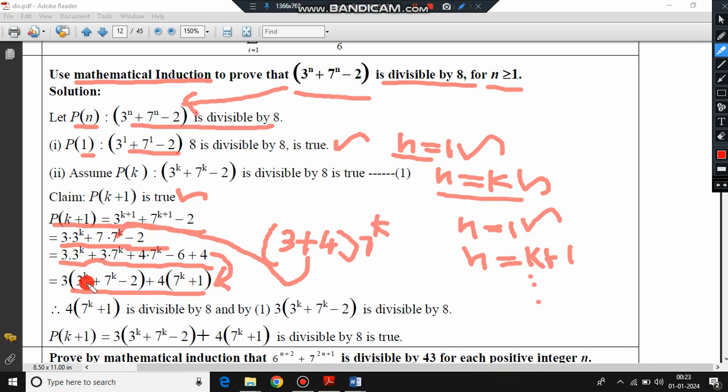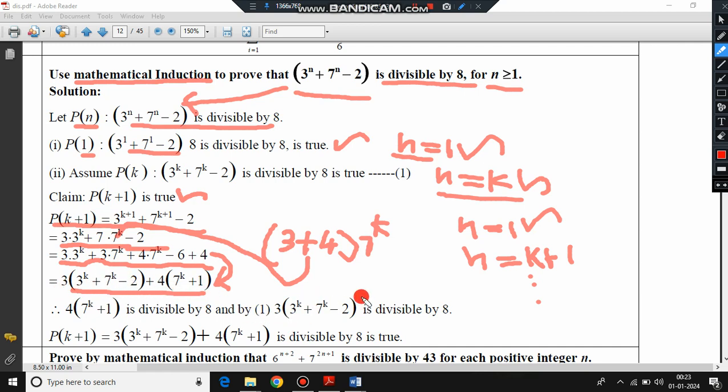Why are we writing like this? Because we have to show that these two terms are divisible by 8. That's what we have to prove. That's why we are writing this form into this form. Now take the first factor, the first term in this step.